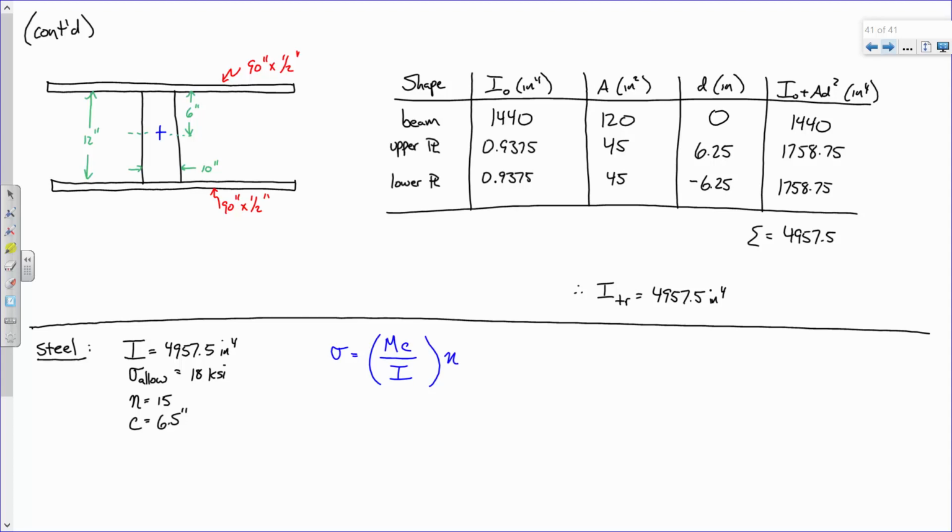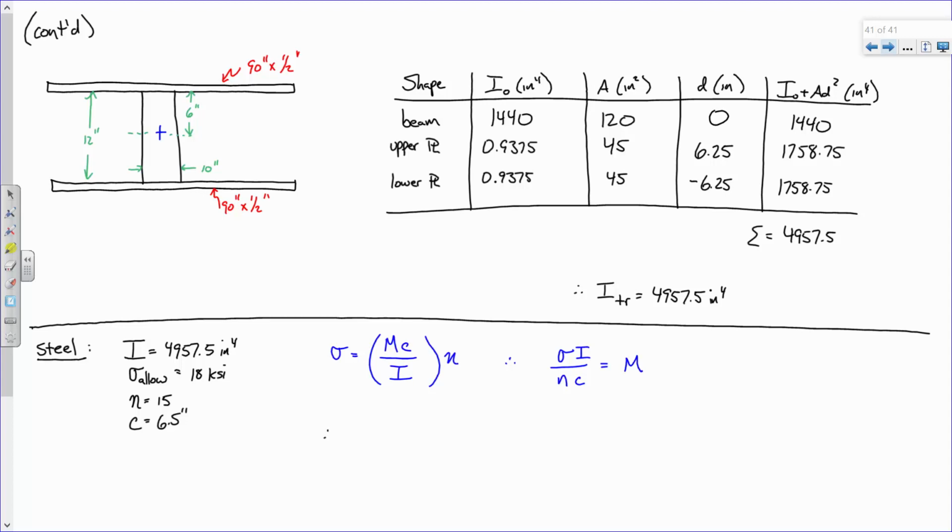So I propose then that we take sigma divided by N times I divided by C, and that's our moment, right?